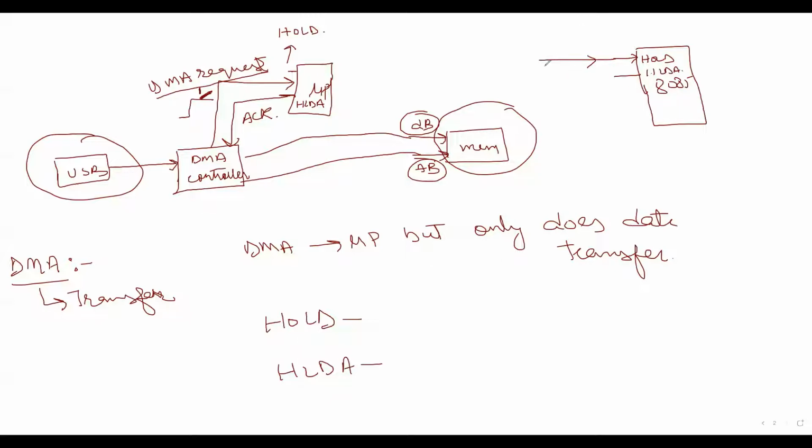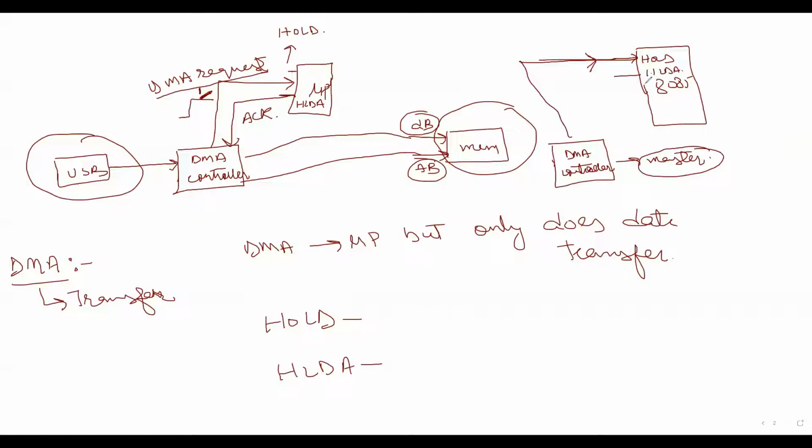Whenever my microprocessor receives a high signal through this pin, it is getting a request from a DMA controller, or another master, so that this master can take the control of data and address buses.